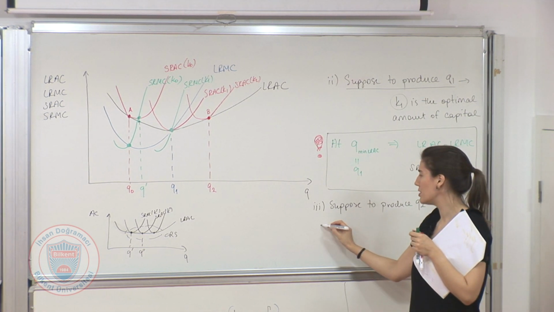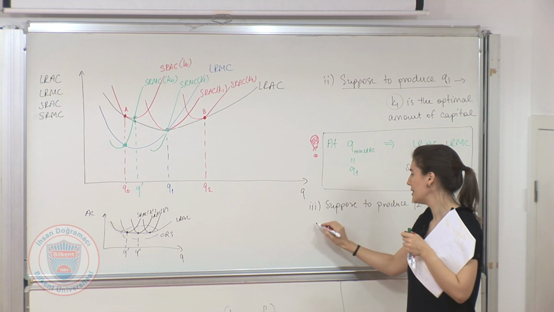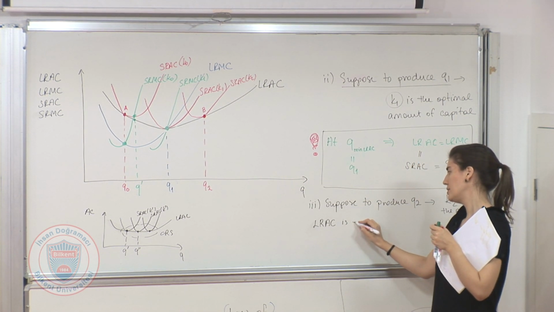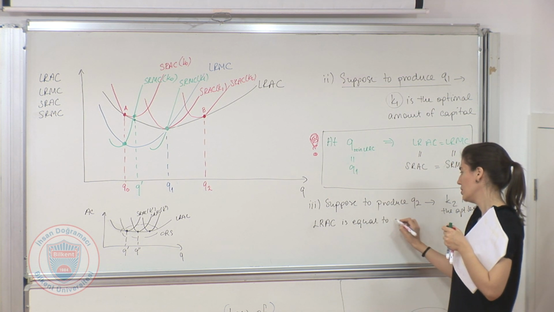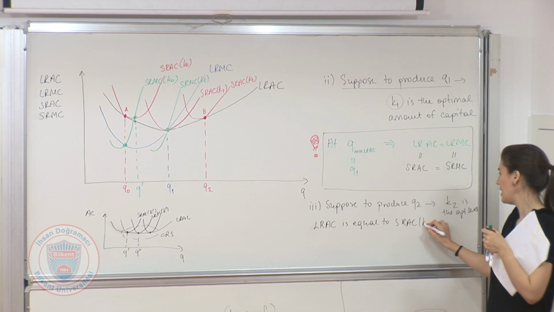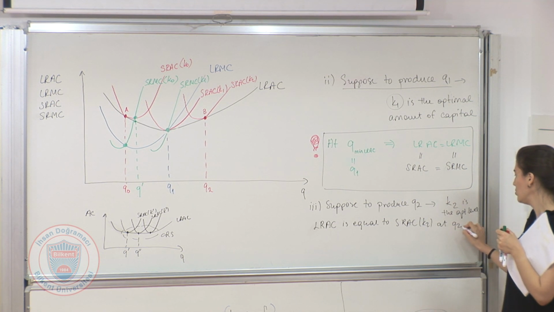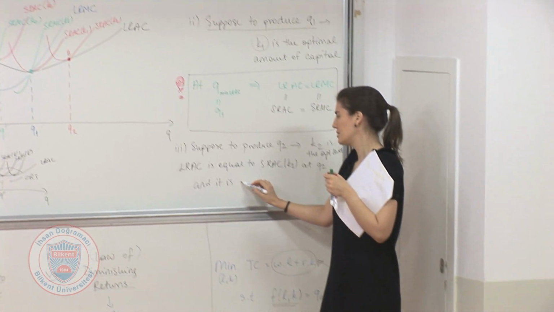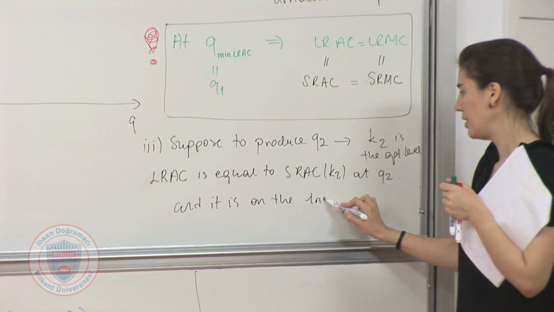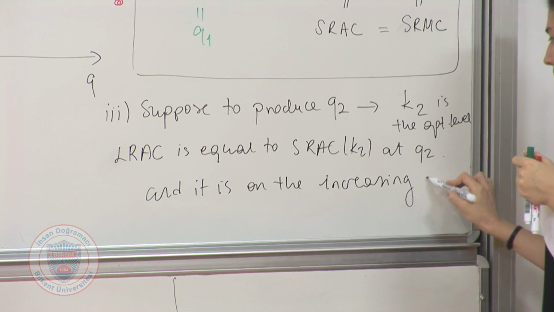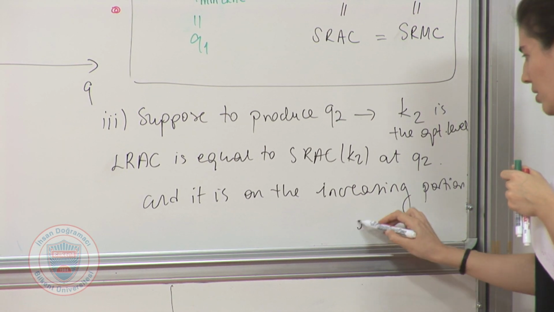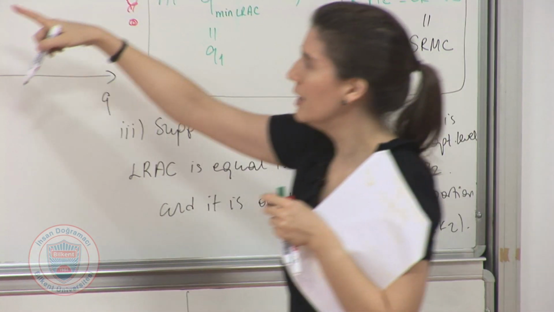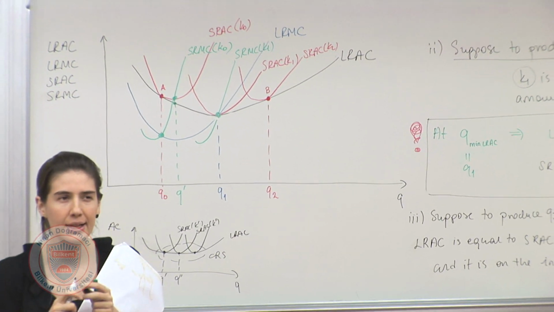And then we know that long run average cost is equal to short run average cost K2 at Q2, okay? And it is on the increasing portion of short run average cost K2, okay? It's on this side.